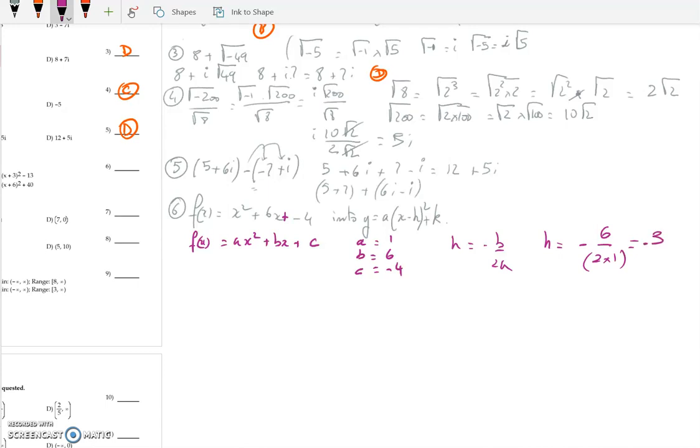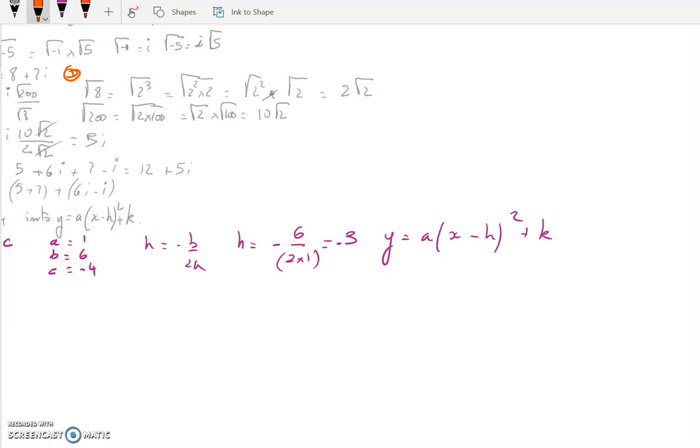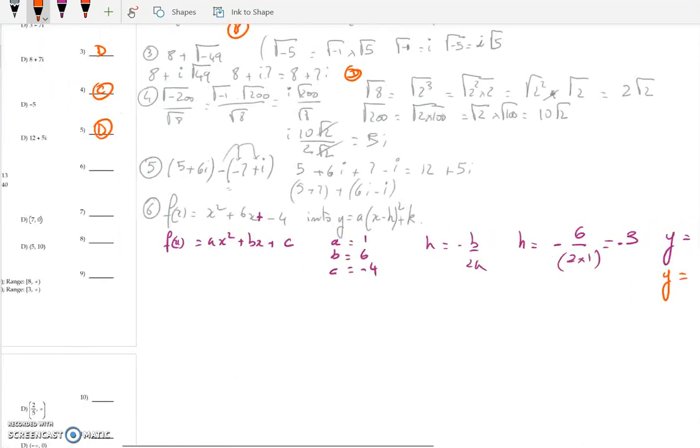When I look at the expression y equals a times (x minus h) squared plus k, because a equals 1 and h equals negative 3, so far I'm supposed to have y equals 1 multiplied by (x minus negative 3) squared plus k, which is (x plus 3) squared plus k.